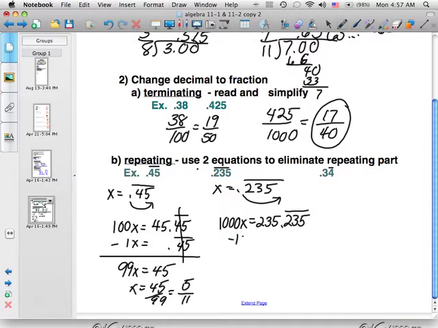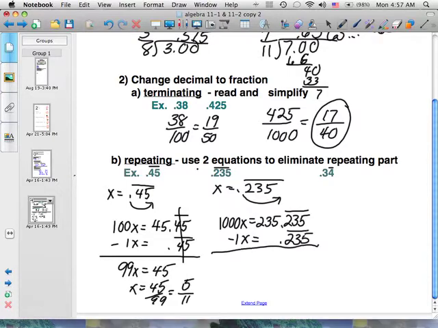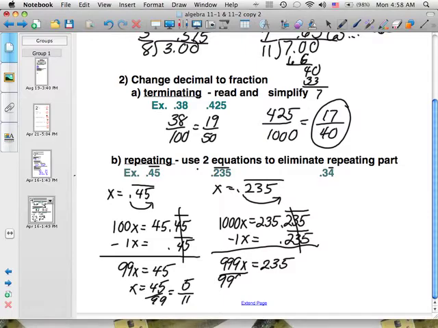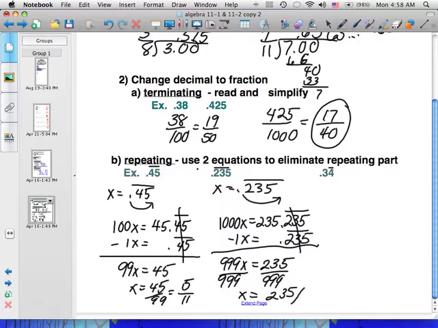From that we subtract the smaller equation, 1x. And when we do, the repeating part goes out, which is what we need. And 1 from 1000 is 999 equals 235. Divide by 999, and we have our fraction, 235/999.